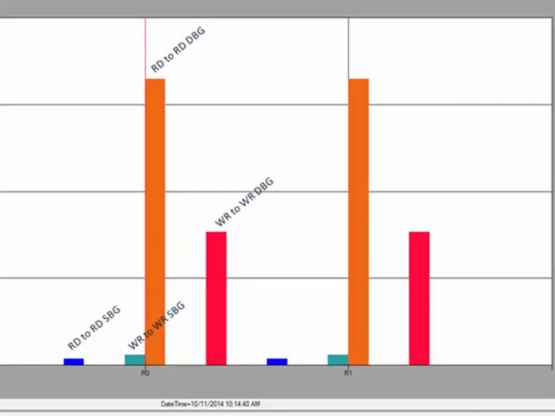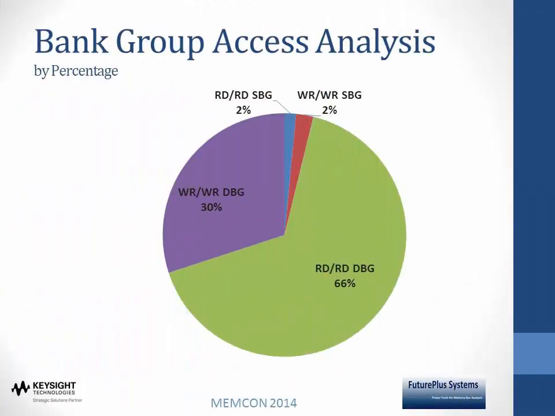So for DDR4, bank group access analysis is key for performance. The system performed well for this metric as the vast majority of consecutive accesses were to different bank groups. Bank group tuning can be accomplished from both a hardware and software perspective by using this metric.